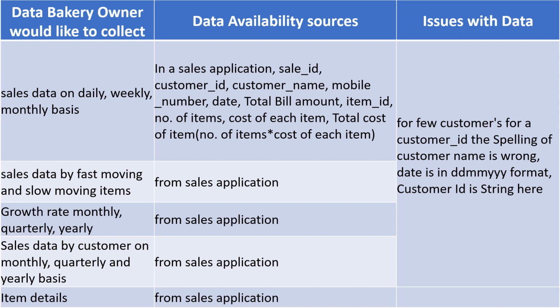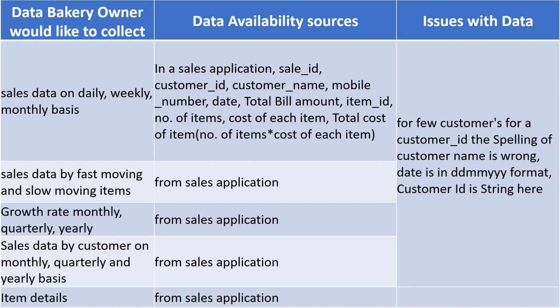Date is in DDMMYYYY form, and the customer ID is stored as a string here, not as a number, which is the case in the Excel file. And when we say string, it is basically the alphanumeric format, not the integer format, which is there in the Excel file.